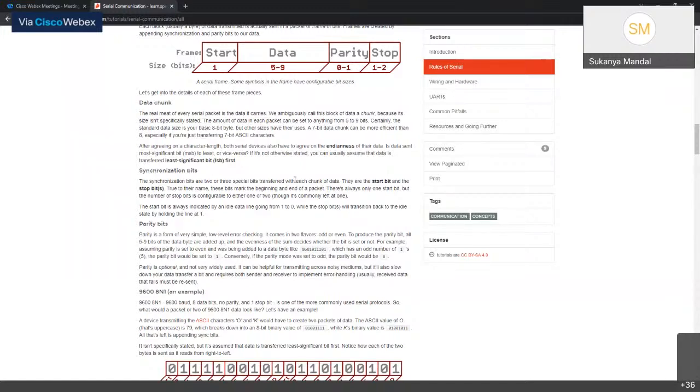Then once you decide on a character length, both serial devices also have to agree on the endianness of their data. Is data sent from most significant bit to least or vice versa? You just need to understand this. If not otherwise stated, you can usually assume that the data is transferred least significant bit first.